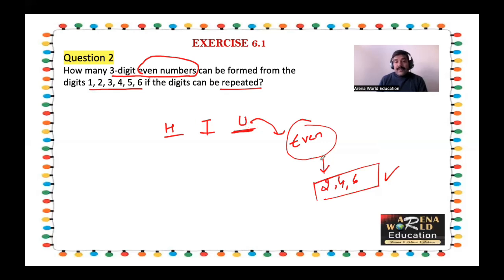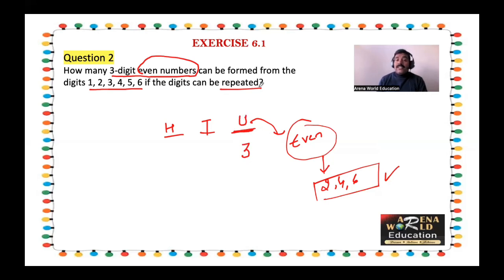So now let us fill unit digit place. So we are having 3 numbers. So if we choose any of the number, so this can be done by 3 different ways. We can either choose 2, 4, or 6, right? So this unit digit can be filled by 3 different ways.